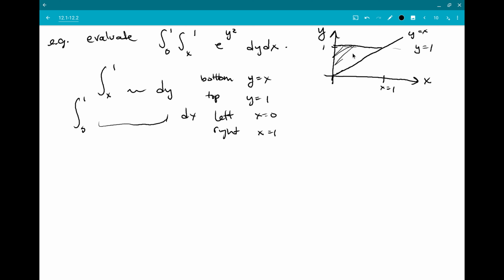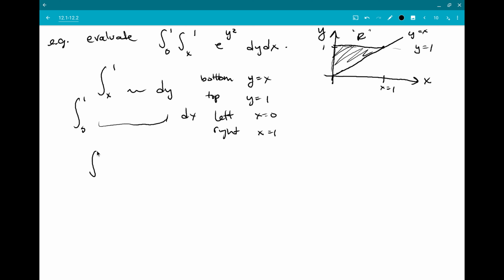So my region looks like this. And it ends right here at this point because I end at x equals 1 on the line y equals x. So that happens to be where y equals 1 and y equals x touch. So it's this little triangular wedge.